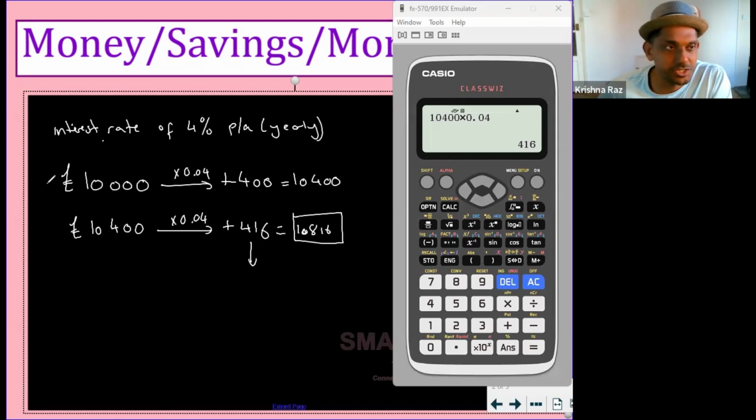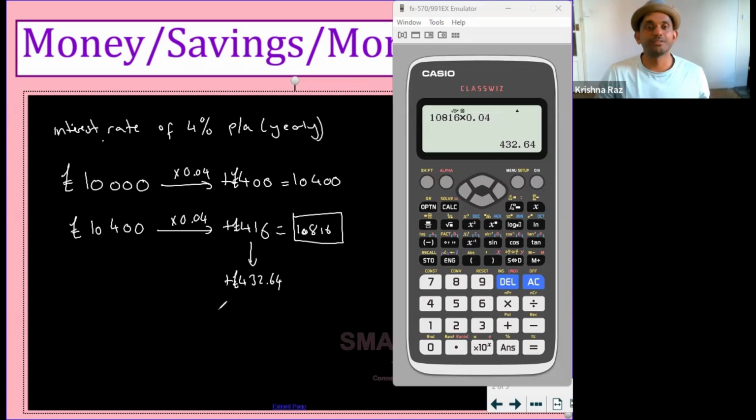In the next year, the interest rate will stay the same, but the interest payment will go up and up. If I do 10,816 times the 4%, I'll be getting an extra £432 and 64 pence.